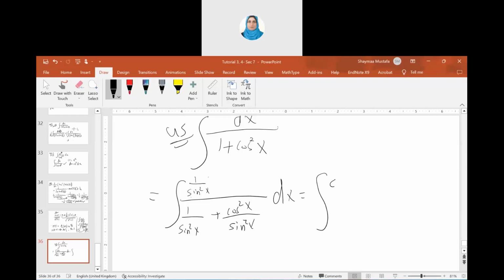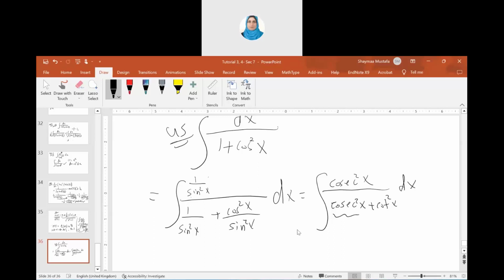1 over sine square is cosec square, so we have cosec square x over cosec square x plus cotan square x dx.